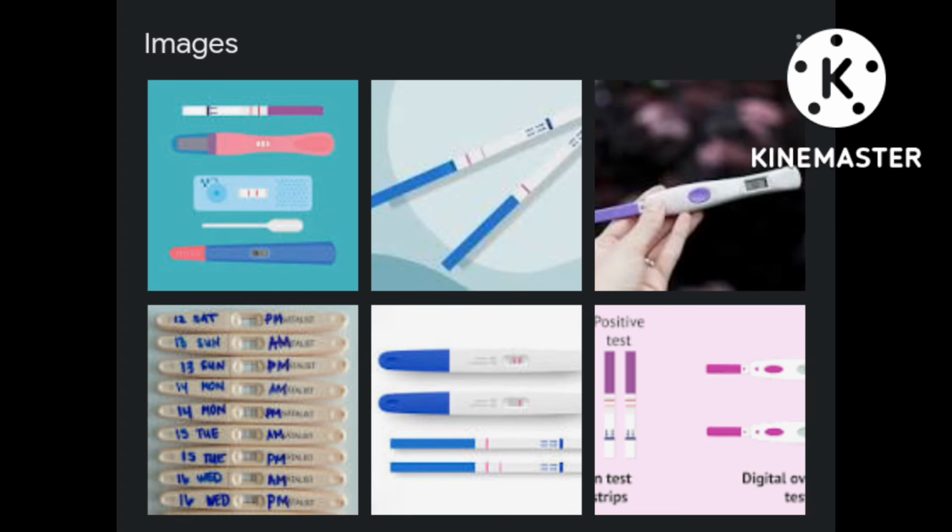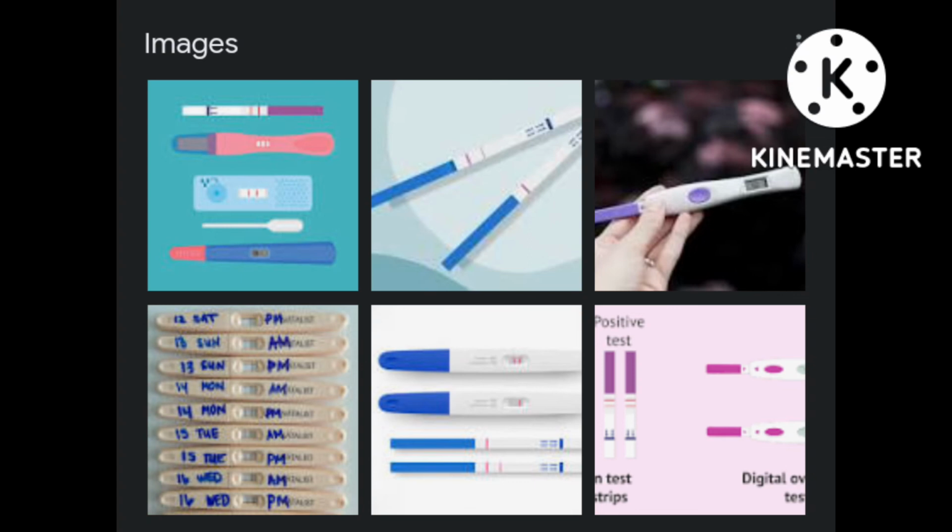How to use? It's easy. All you have to do is pee on a stick or strip, or pee in a cup and dip the stick or strip into the cup and wait a few minutes for the indicator to appear.